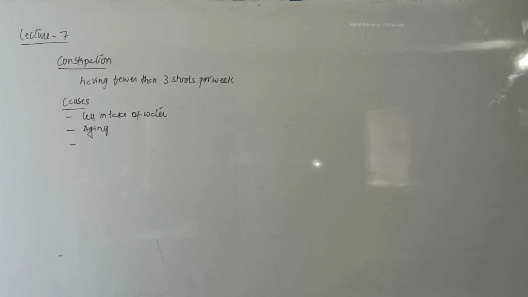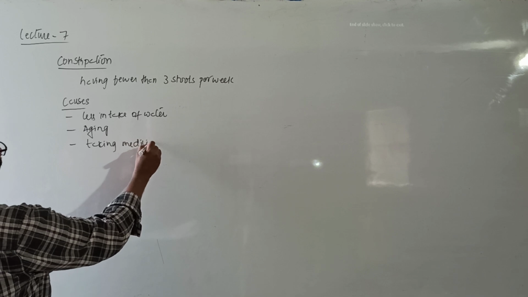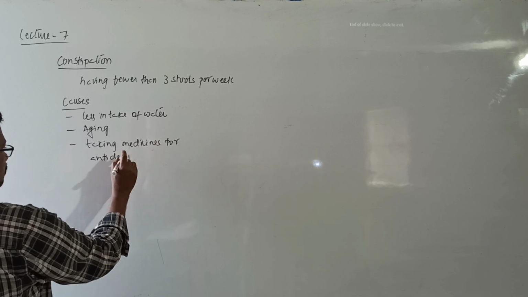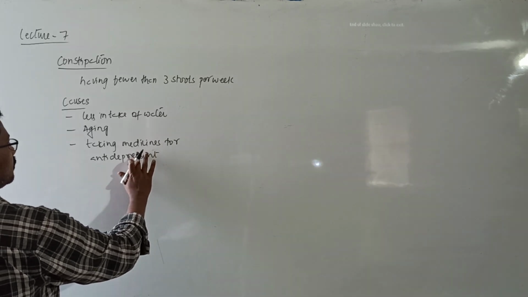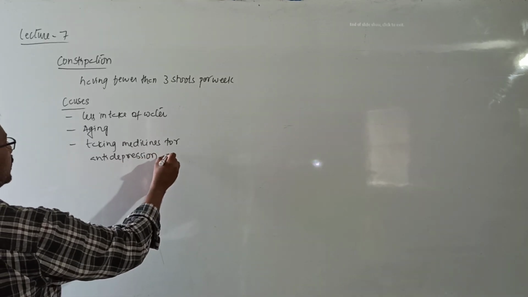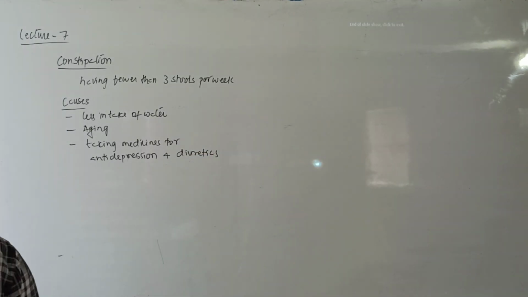Because of that there may be a problem of constipation. And there is also a problem when we take drugs like antidepressants and diuretics, taking medicines for depression and diuretic medicines.